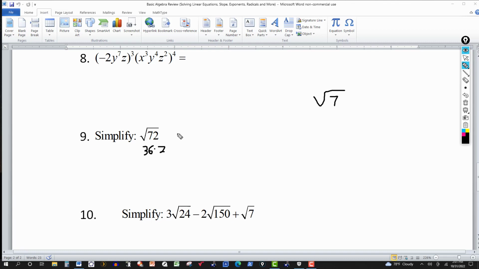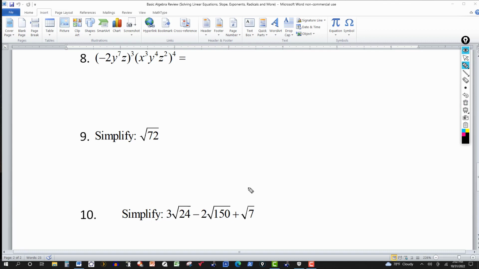So using properties of radicals, you can break this down into the square root of 36 times the square root of 2. Now, the square root of 2 is always simplified. It doesn't have any perfect square factors. And the square root of 36 is 6 because 6 times 6 is 36. So I just put a 6 here and the square root of 2. And that's your simplified form.